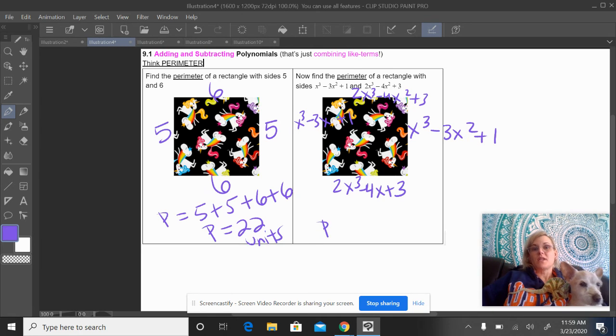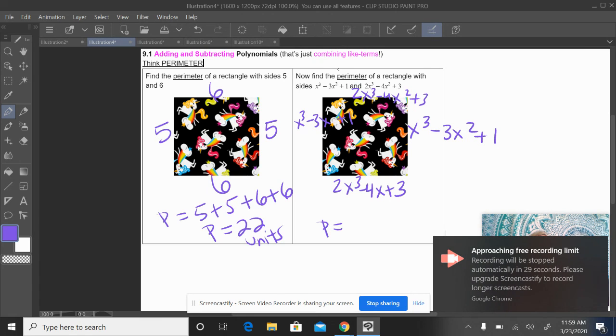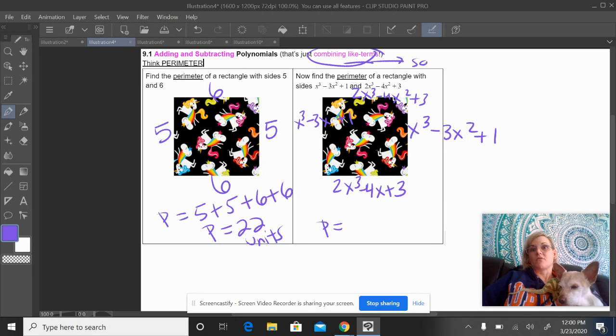So my perimeter means I have to add them all up. When I'm adding, I am combining like terms. Like terms are the same variable with the same exponent. Meet me in the next video and we'll finish this one.